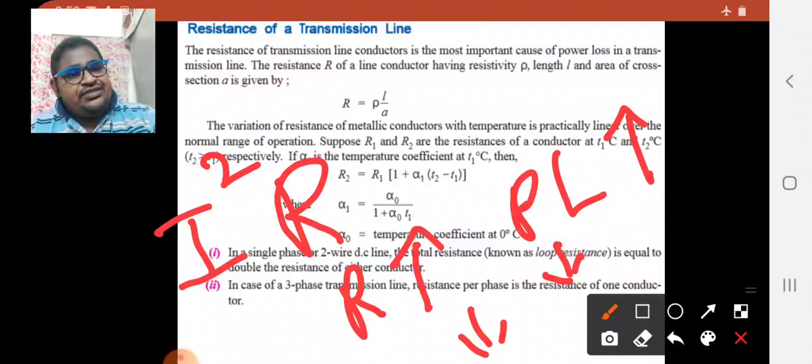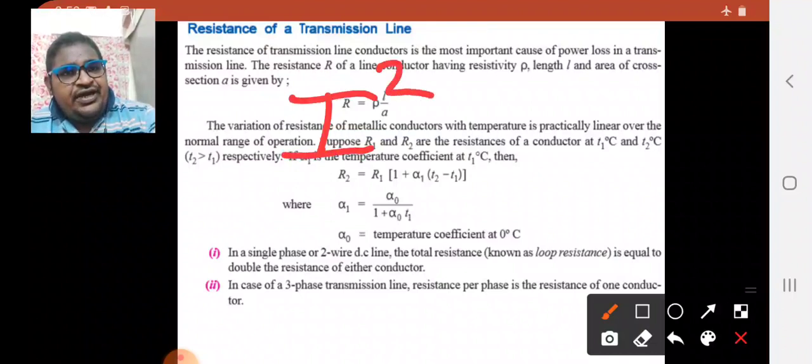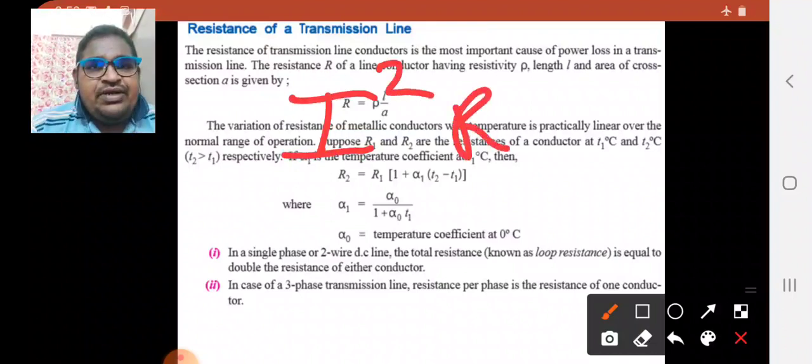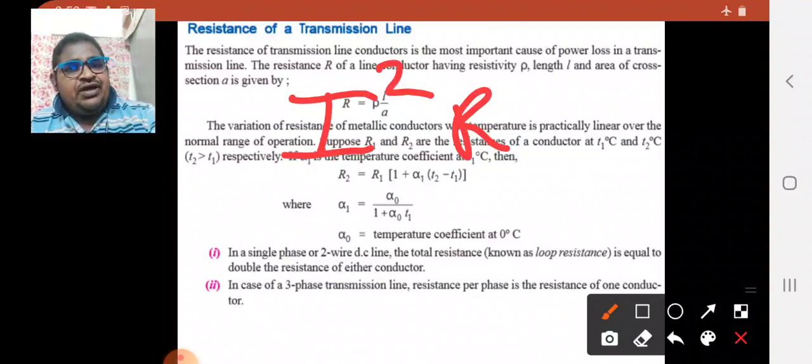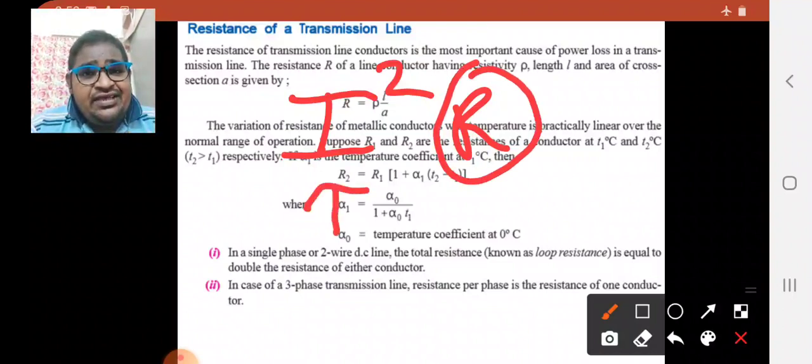So how can we reduce the power loss? Here we know that the power loss equation in transmission line is given by I square R, where R is constant and I is to be varied. Now how can we change the I? Yes.